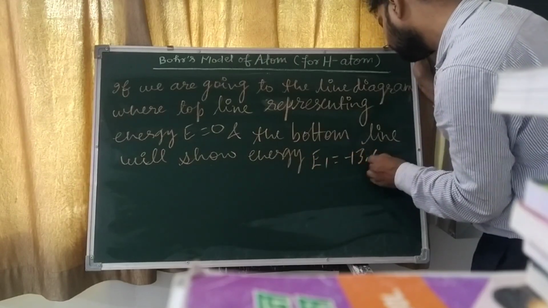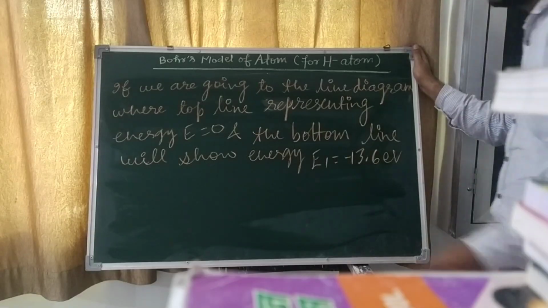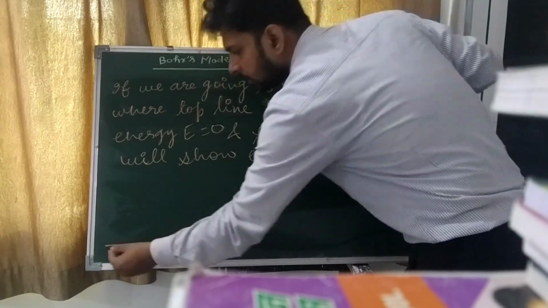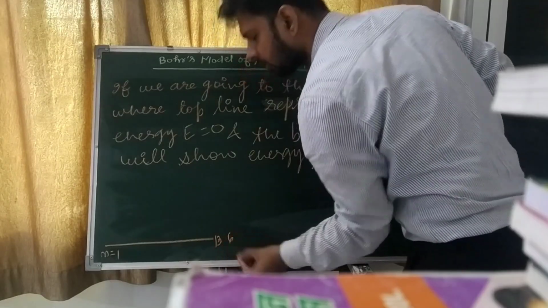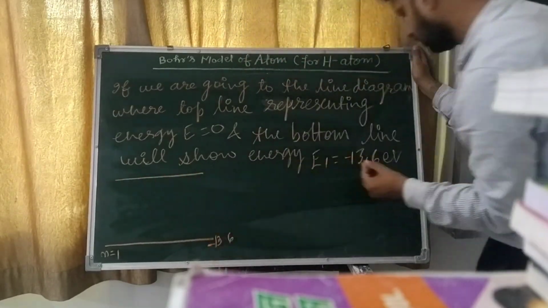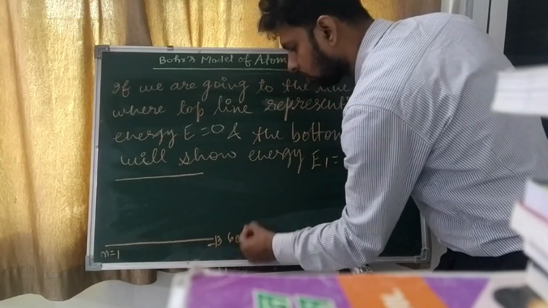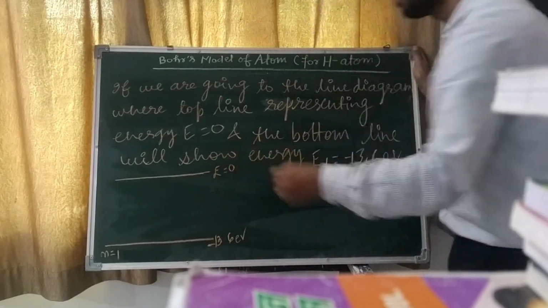Minus 13.6 electron volt. For n=1, bottommost line, and it will get decreased, and ultimately at the top you will get energy equal to 0.